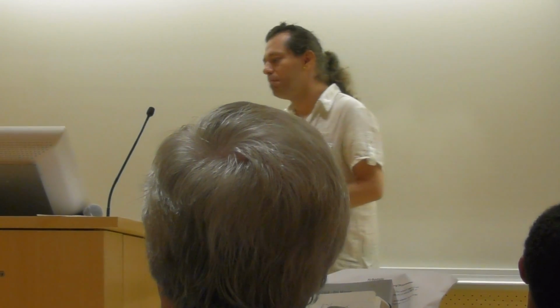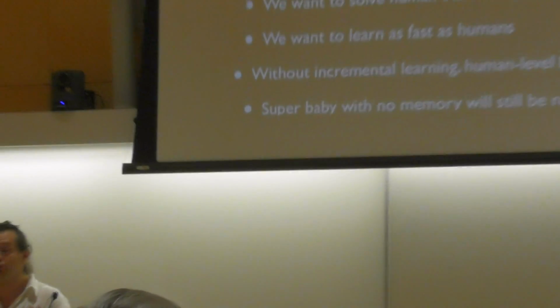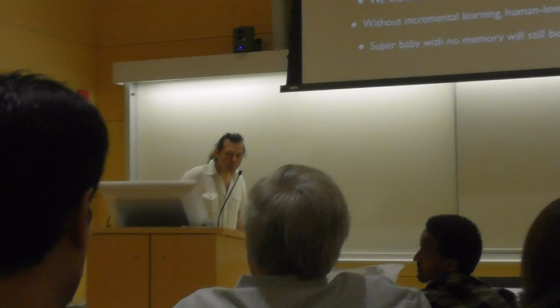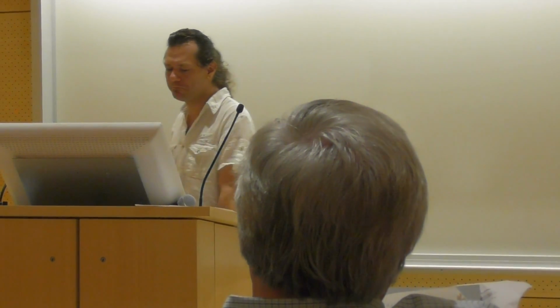And that's why transfer learning is important, because without incremental learning, human-level machine learning tasks are intractable. You can't have all these properties and also have it tractable, be completed in a reasonable amount of time using a reasonable amount of resources. It's just not going to happen. And the reason for it is very simple.